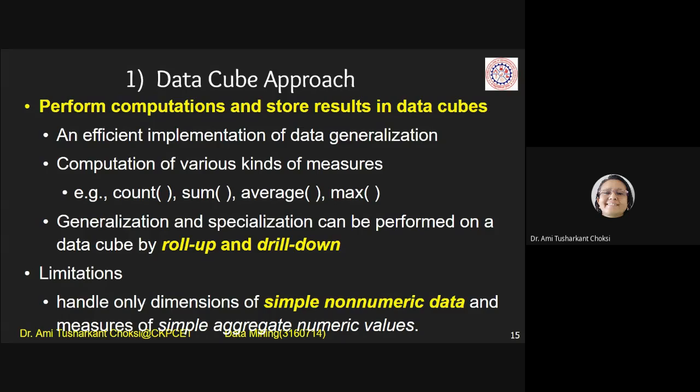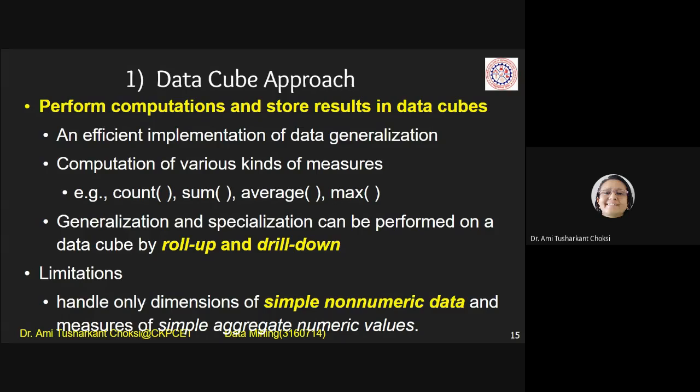But the measures must be there in numeric values, right? Whatever data is there, for that particular data, it must be numeric. So we can have the combination where we do have non-numeric data, but there we will not be able to apply sum, average, max.